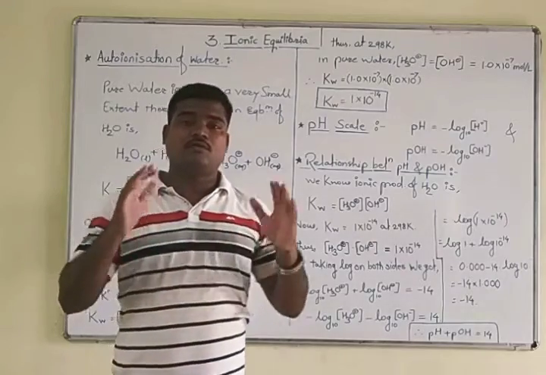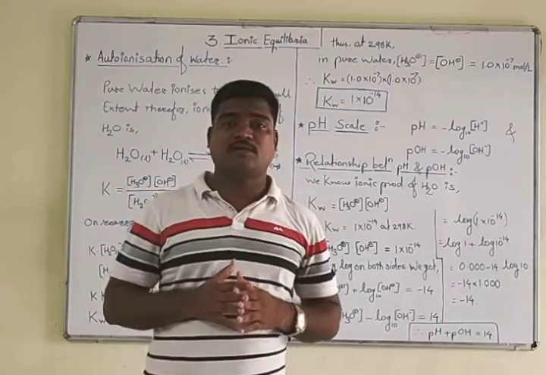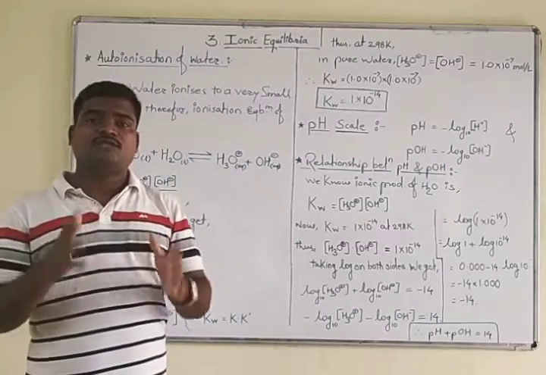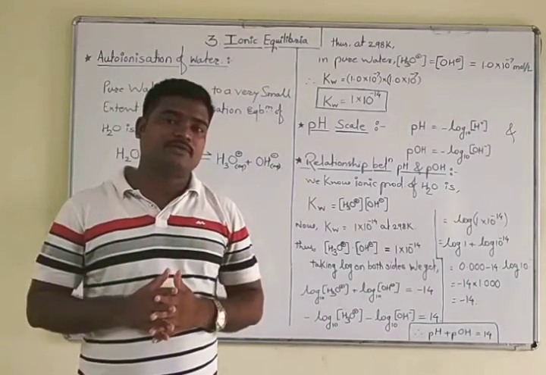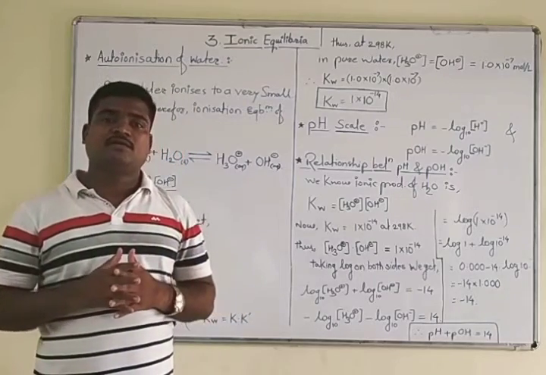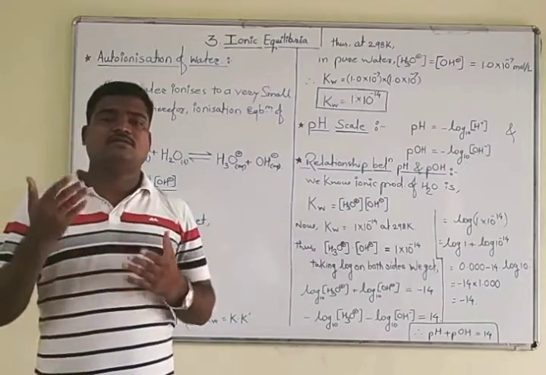Now we will look forward to the next point, that is the pH scale. All of you know what is meant by pH and what is meant by pOH, as you have studied in your previous standards, in 10th as well as in 11th.